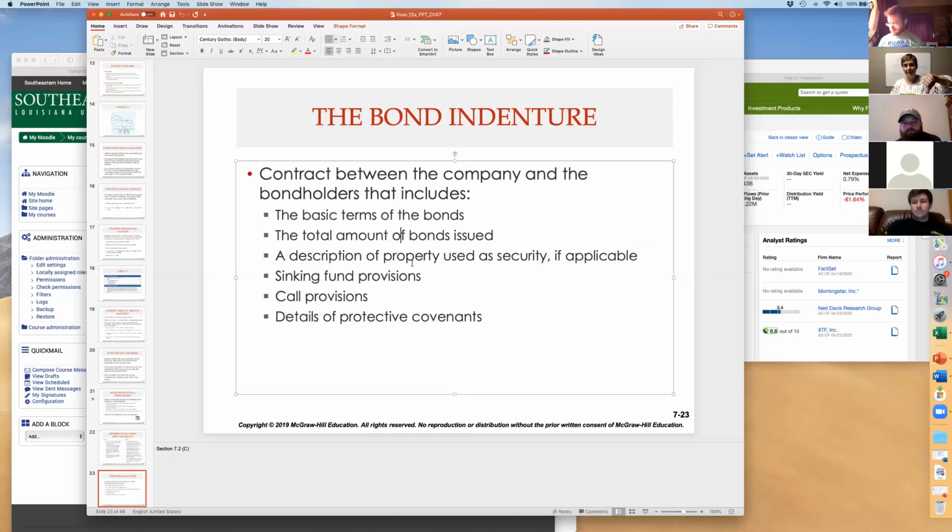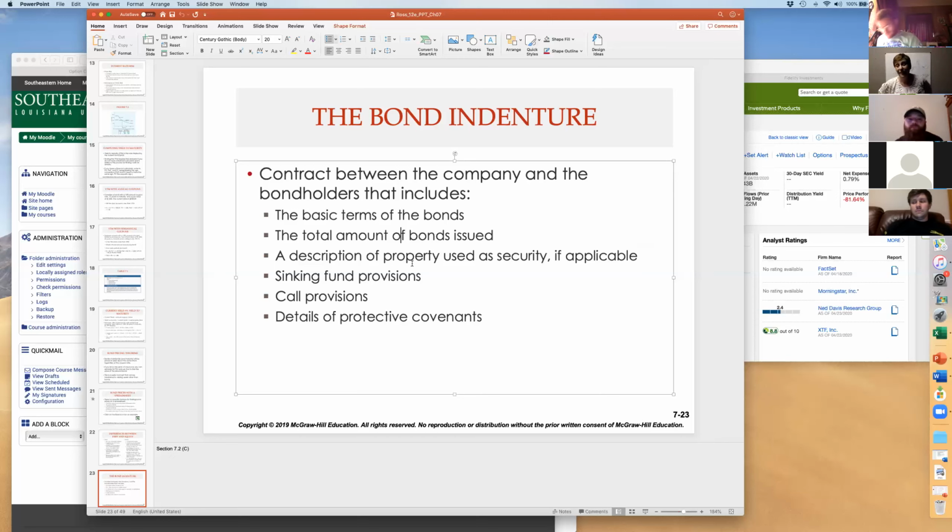Now, hopefully it's in the same condition. They call that perfecting the collateral, but hopefully it's in the same condition, and then they can resell it. And so they get something back rather than nothing. So with more security comes less risk, and less risk means less return.